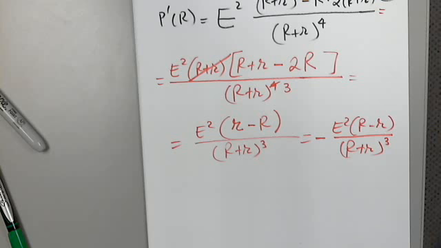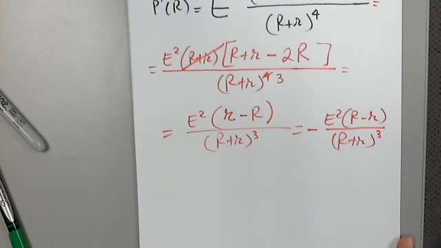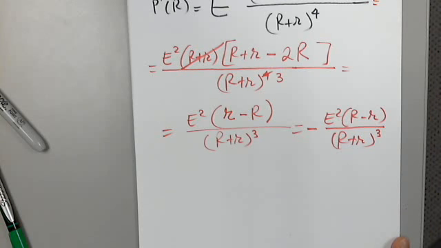Okay, we determined P prime of R and we simplified as much as we could. There's nothing else I can do here. Now what? They say find the maximum power. I found the derivative of the power, and now I have to determine if the function has critical numbers.